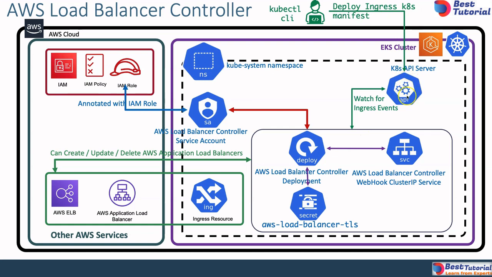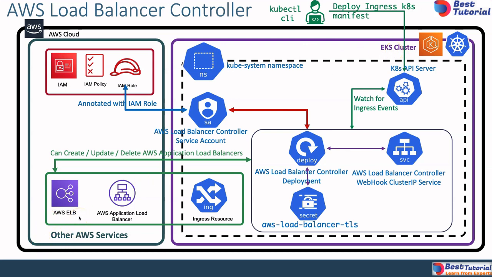When the K8s API server gets that information, the controller watches for Ingress events and then creates the AWS load balancer. But what is the authentication mechanism between this EKS cluster and AWS services?